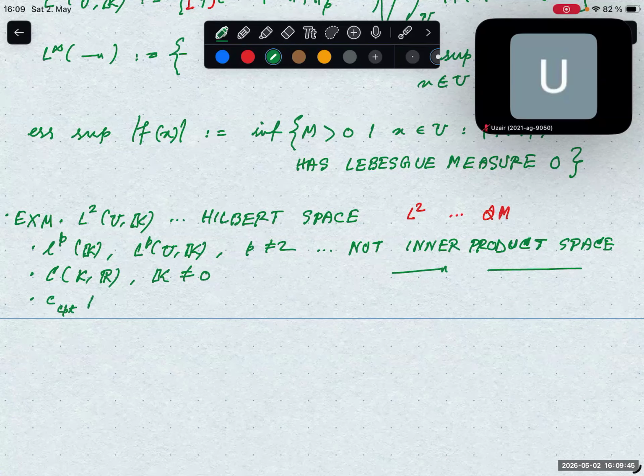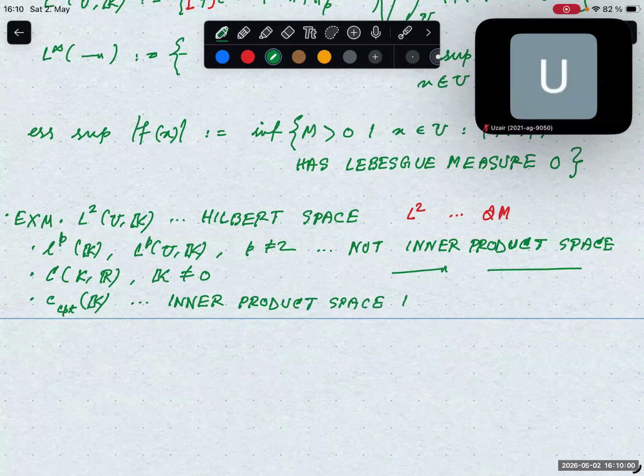So this is an inner product space, but not a Hilbert space. In other words, you cannot get Cauchy completeness in this space.